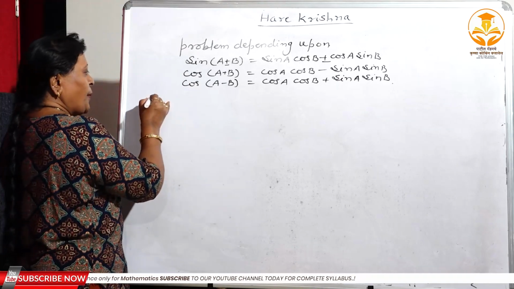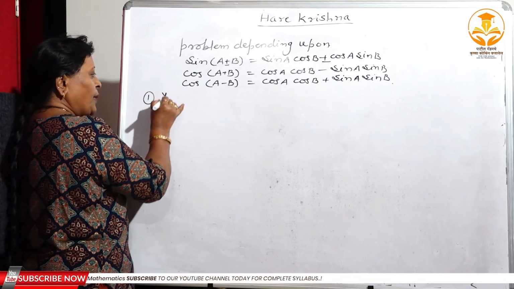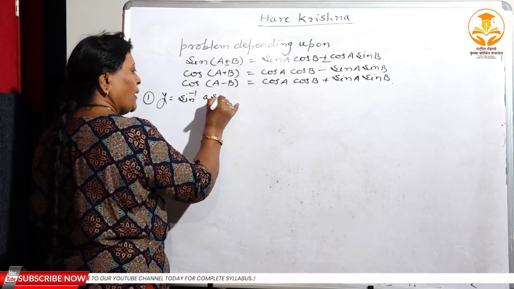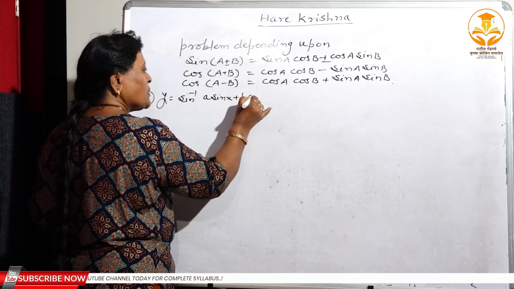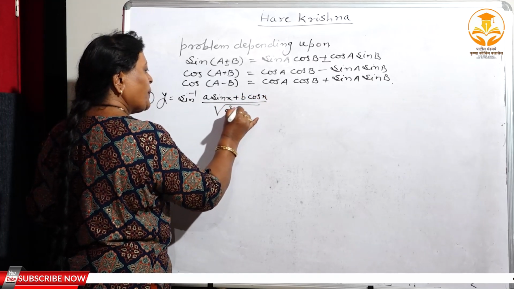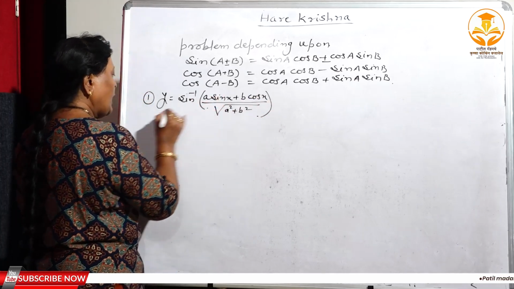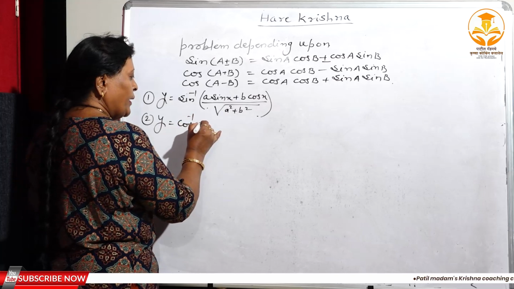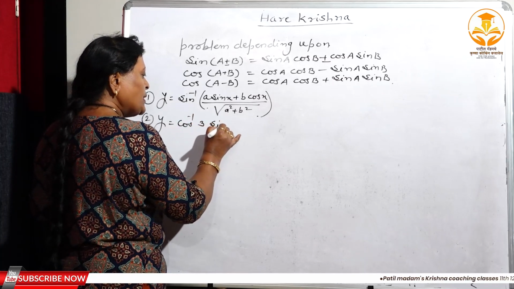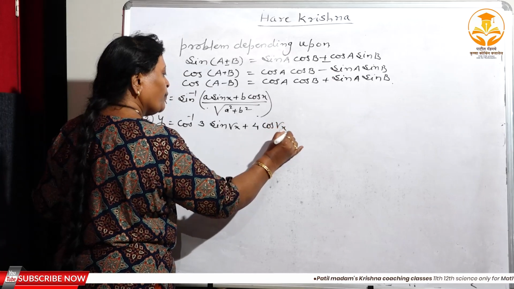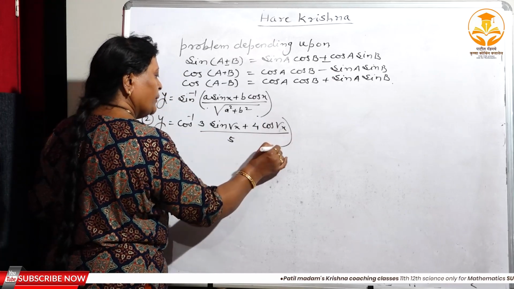Now let us take the problems. See how the problems are. Y is equal to sin inverse of (A sin x plus B cos x) divided by root of A square plus B square. Second one, y is equal to cos inverse of (3 sin root x plus 4 cos root x) divided by 5.